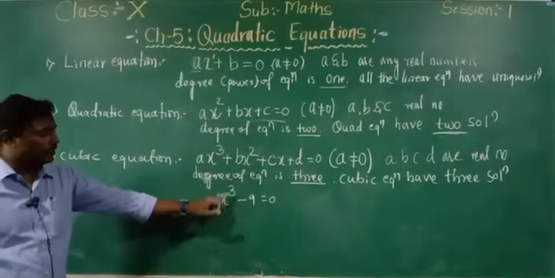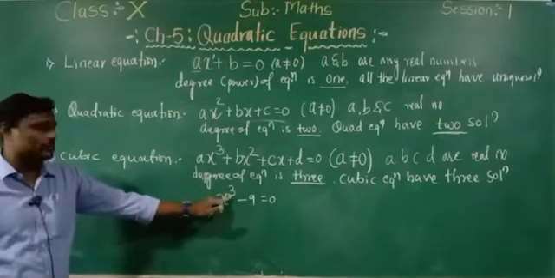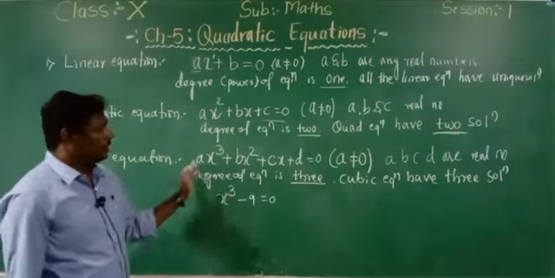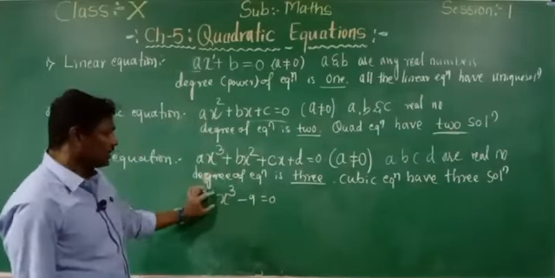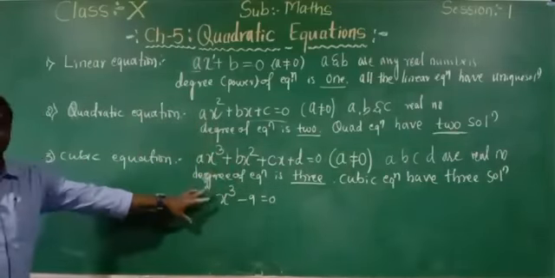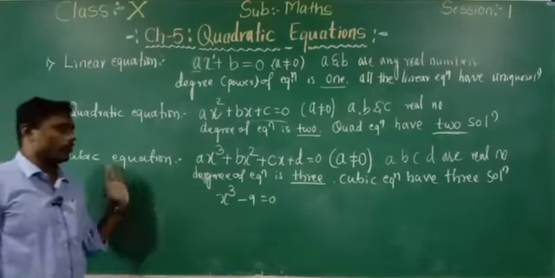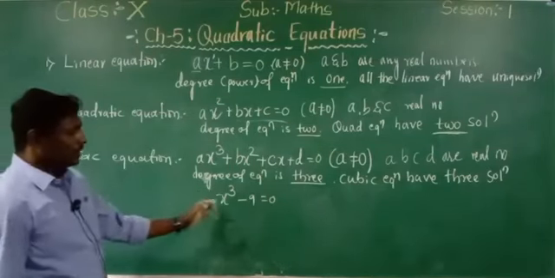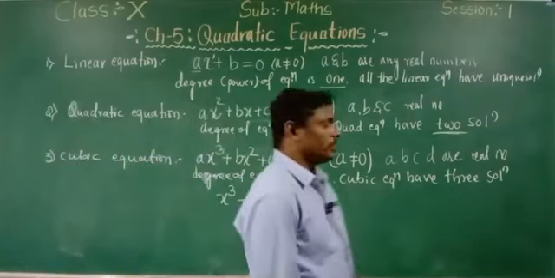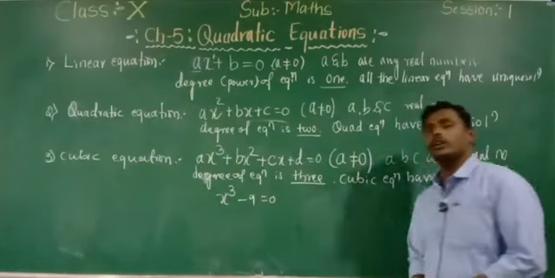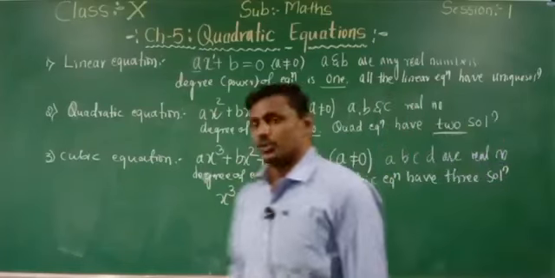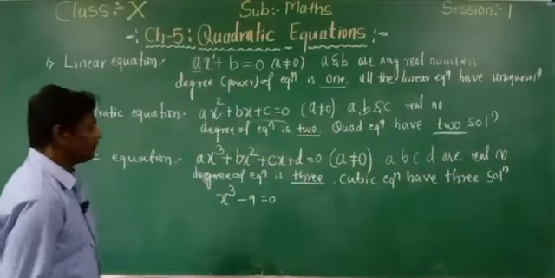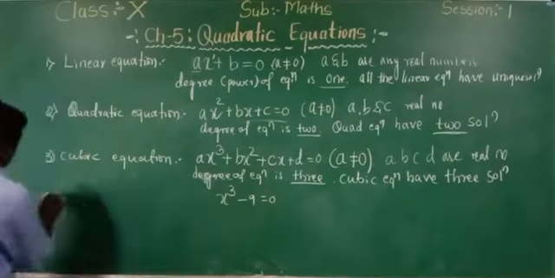In that the highest exponential power is 3. The degree of the equation is 3, that's why it's a cubic equation. And each and every cubic equation has 3 solutions.